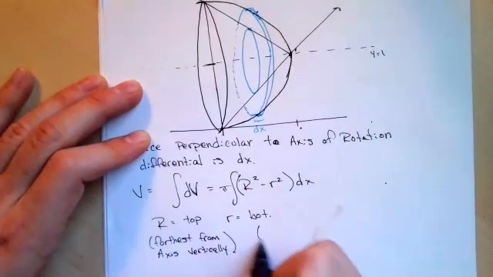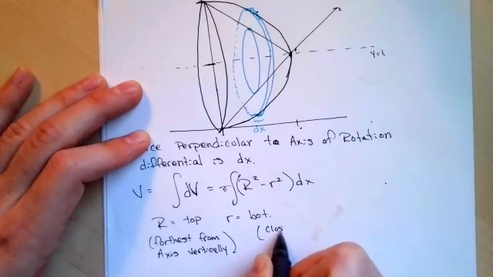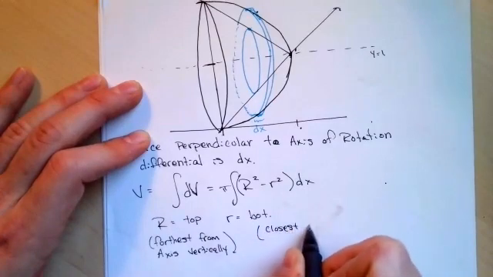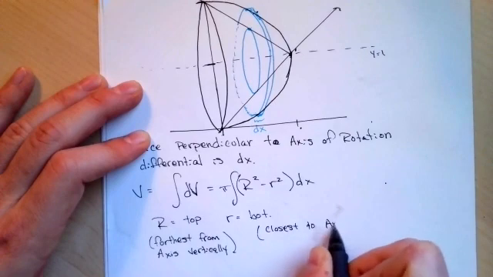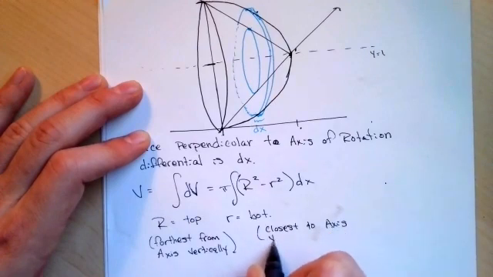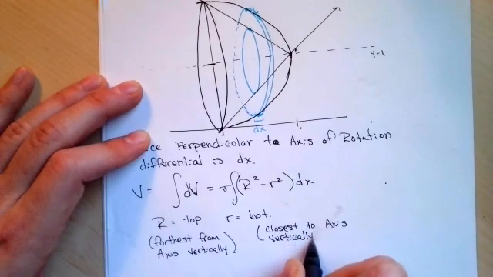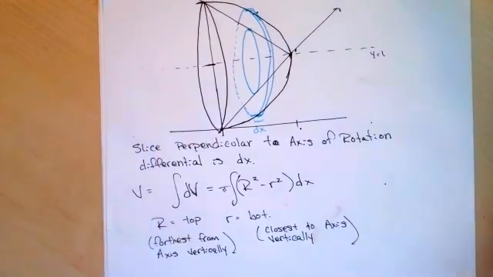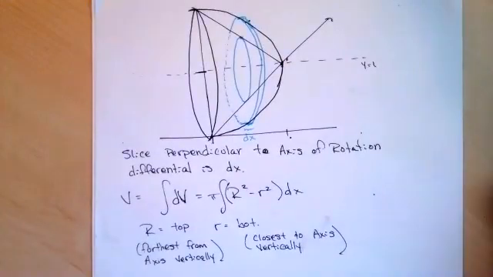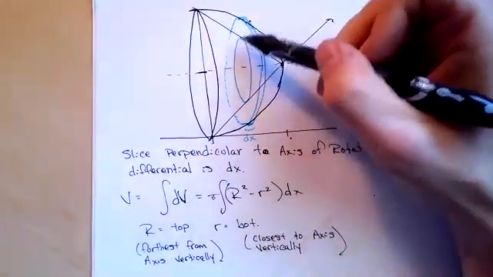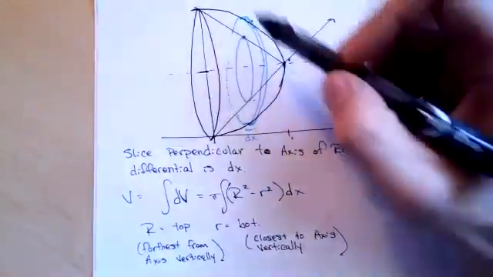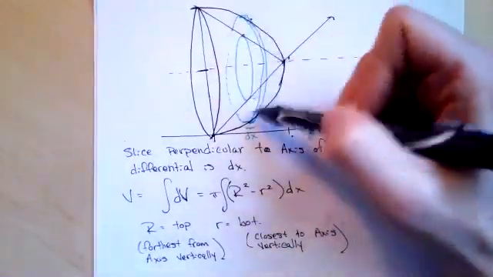And bottom, the closest to the axis. Vertically. Change the words vertically to horizontally if we're slicing in the other direction. Or, as was mentioned, the inner radius, or the inner function, and the outer function.